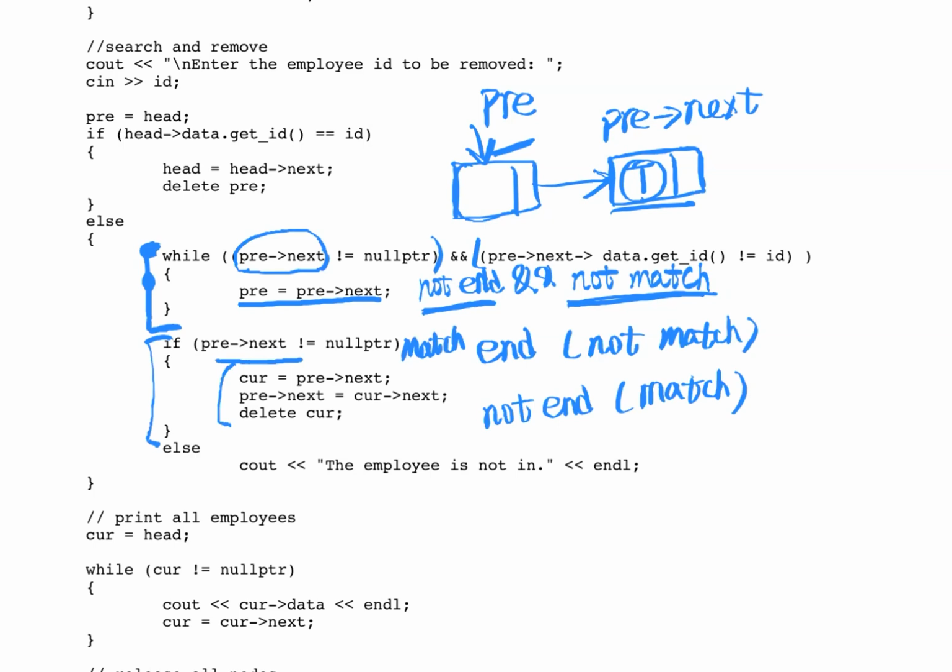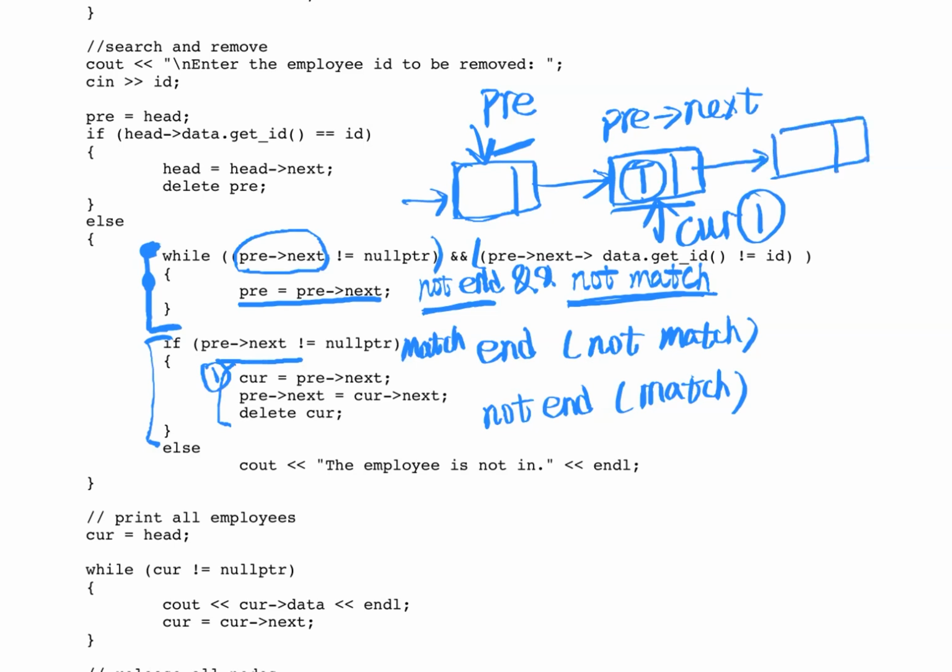So we set current equal to previous next. Current equal to previous next, that's step 1. Step 2, the previous next equal to current next.